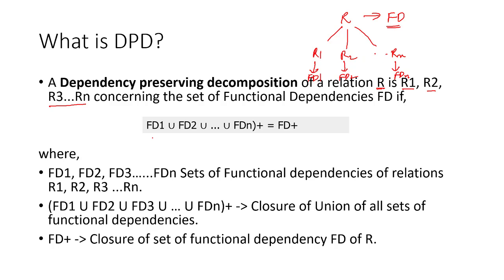If you do this, the set of all the functional dependencies of these sub relations can be equivalent to the functional dependencies of the complete relation R. Here FD1, FD2 and so on are the functional dependencies of the sub relations, and (FD1 union FD2 union and so on FDn)+ denotes the closure of the union of all these sets of functional dependencies.